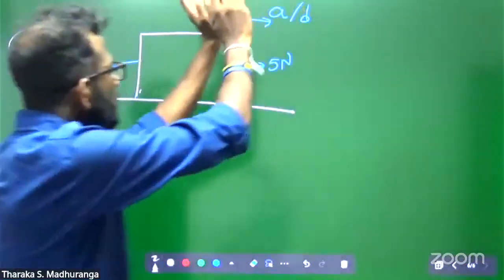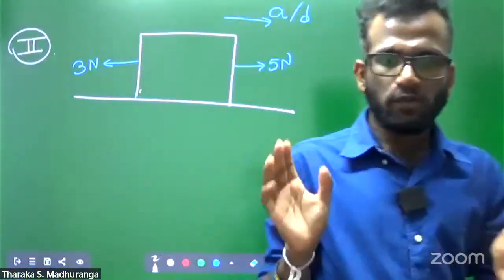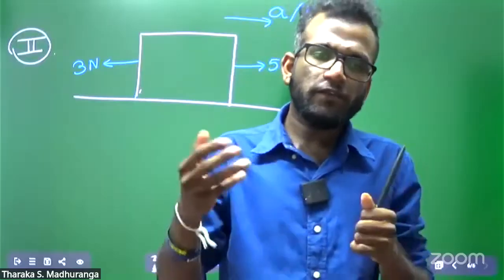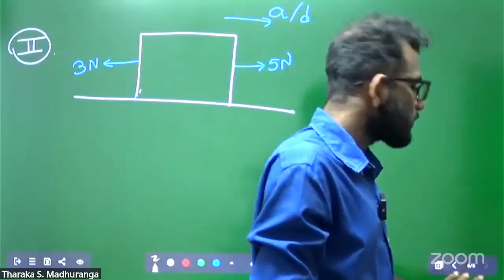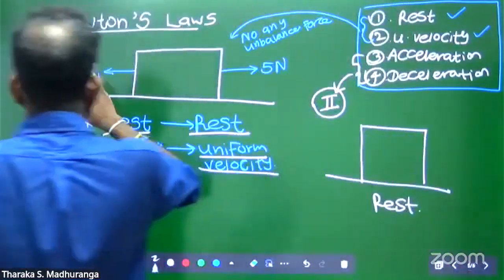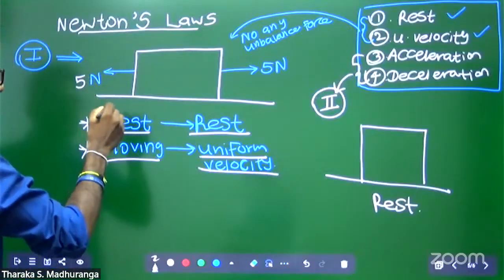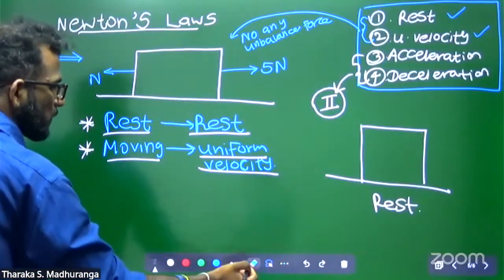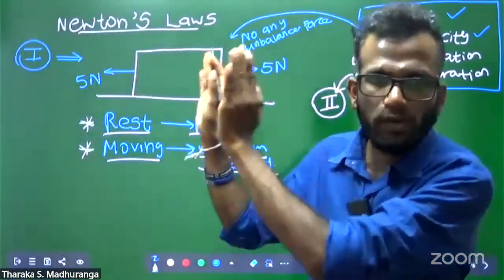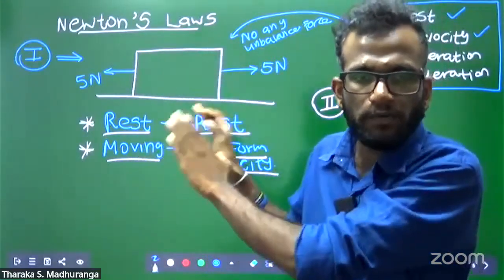Then if there is any unbalanced force, tell me again, what is the first law? Summary, very simply. If there is no unbalanced force, we go to the first law. If no unbalanced force acts on any object, rest objects stay at rest and moving objects keep moving with uniform velocity.